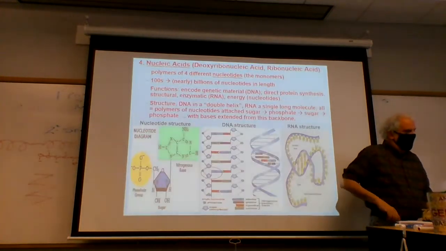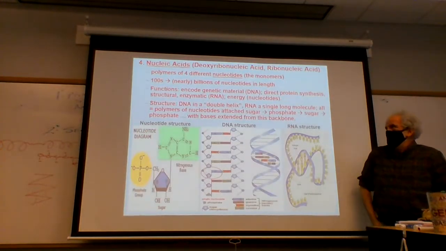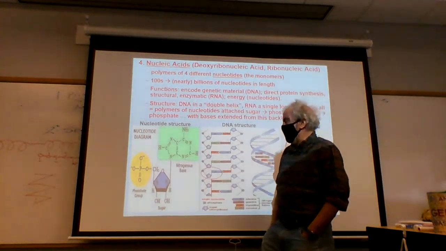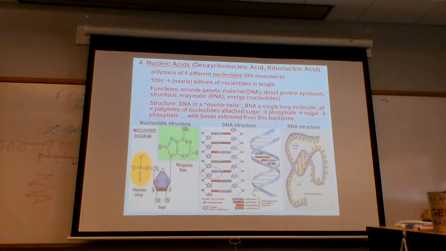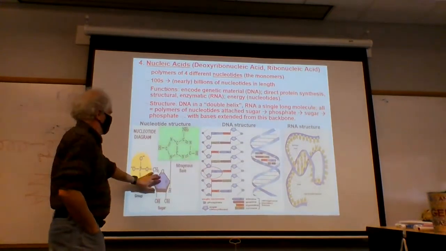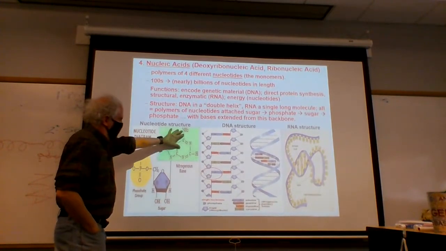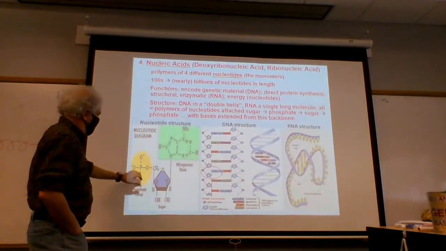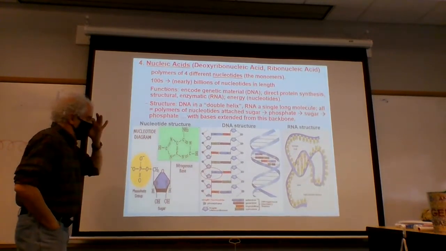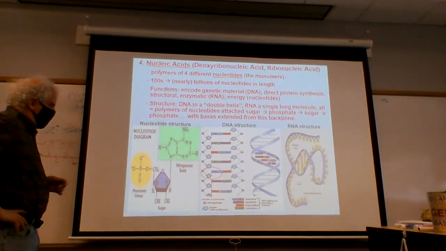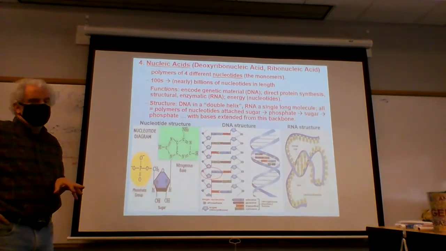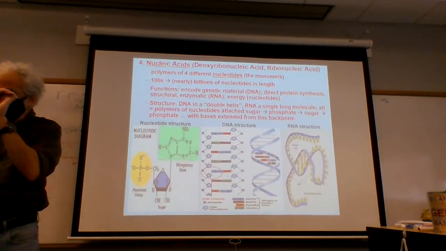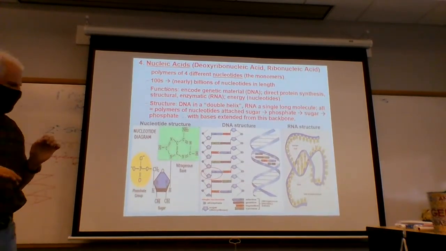Cool. All right, nucleic acids. This is the world of DNA and RNA, and a couple of critical bits here. We've got the sugar, we have the nitrogenous base, and then we have phosphate groups. And the critical point when you're thinking about RNA versus DNA is that it's a very, very slight difference in the chemistry.